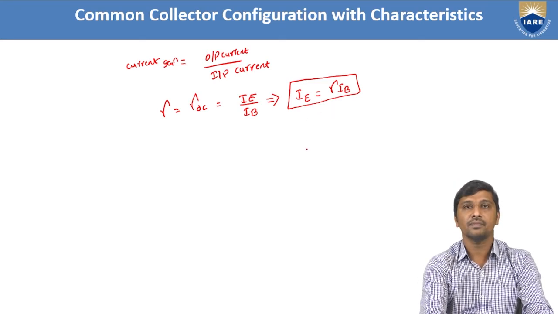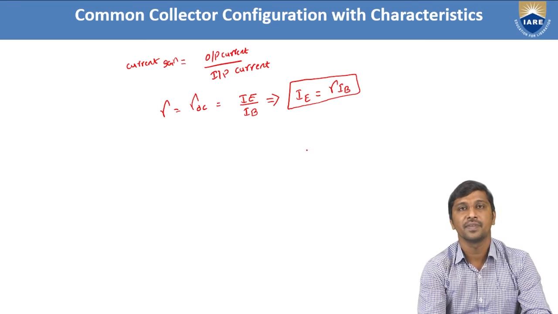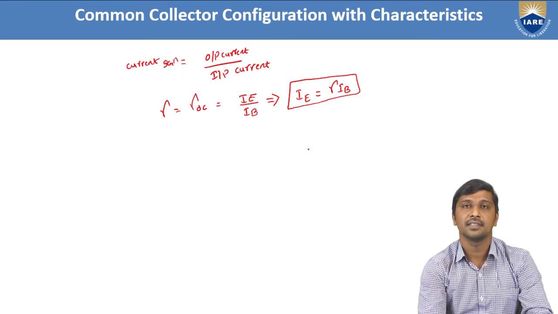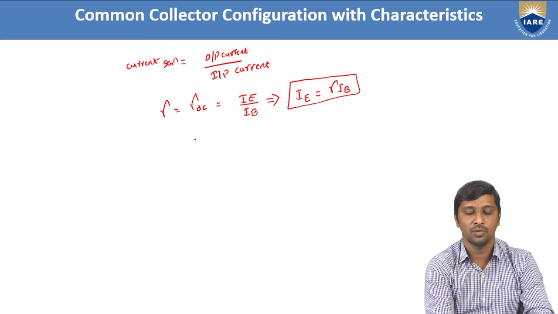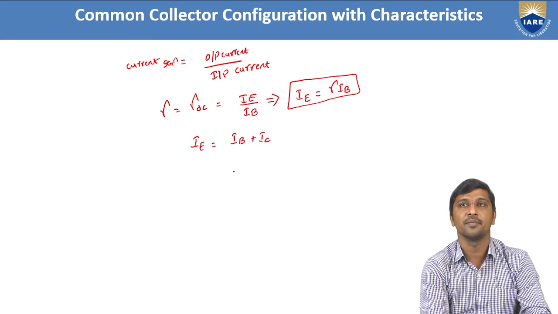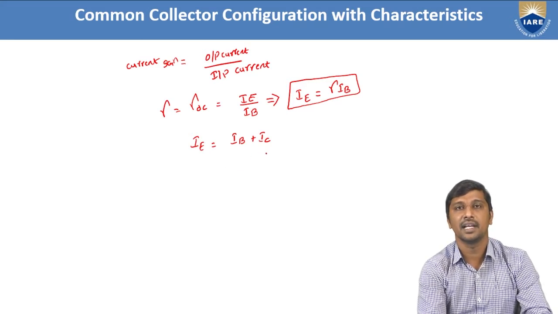But in general, based on the transistor construction, whether it is an NPN transistor or a PNP transistor, the total emitter current is the summation of the base current and the collector current. That means the charge carriers injected from the emitter are constituted in the base and the collector.